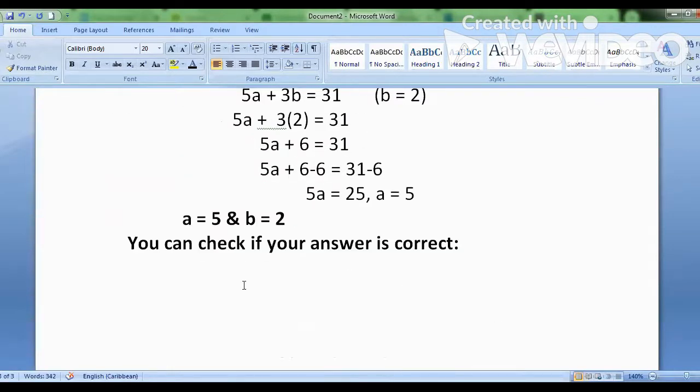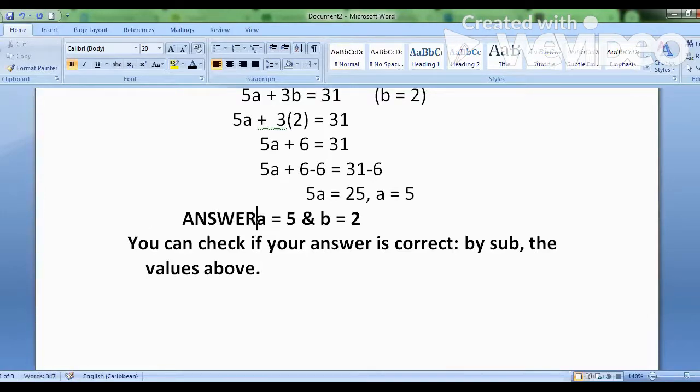So you can check if your answer is correct by substituting the values above, the values that you get.